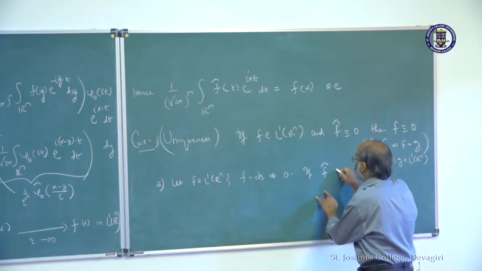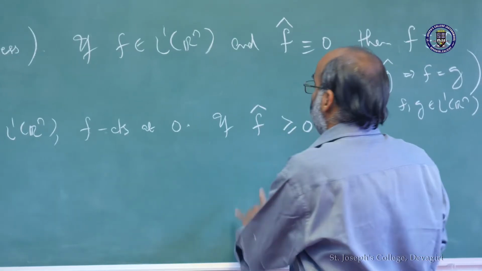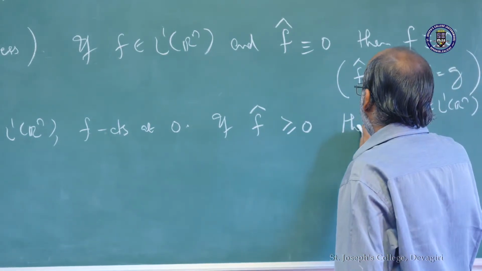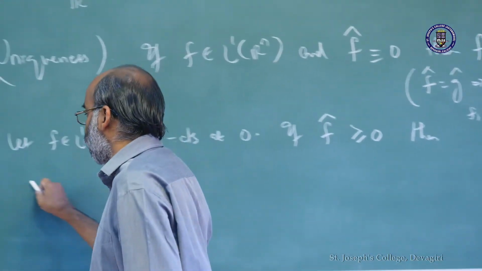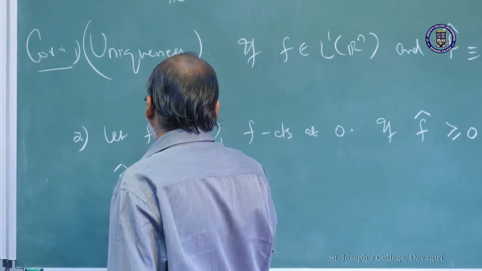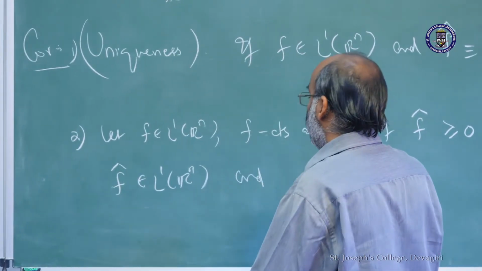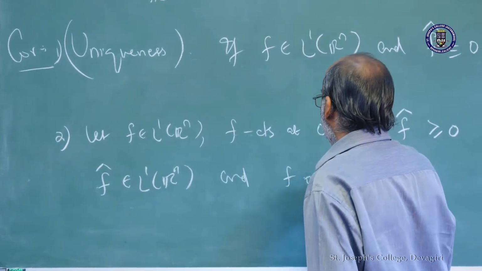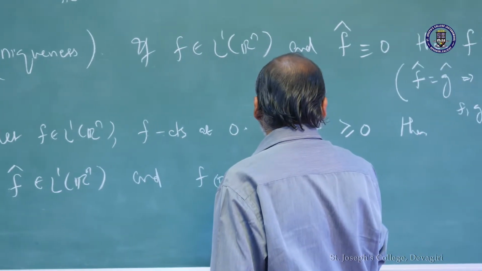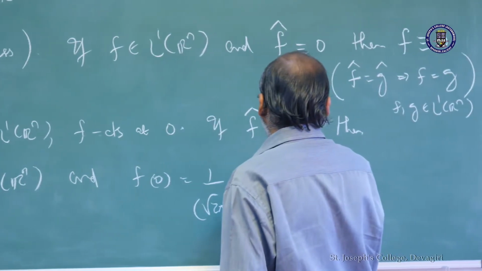So assume that the Fourier transform is a positive function, then you can conclude that the Fourier transform is actually integrable, it is in L1, and so you have inversion, and f of 0 would be 1 by root 2 pi to the n integral over Rn f hat t dt.